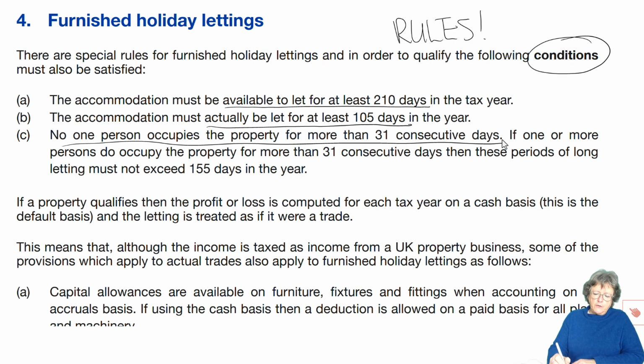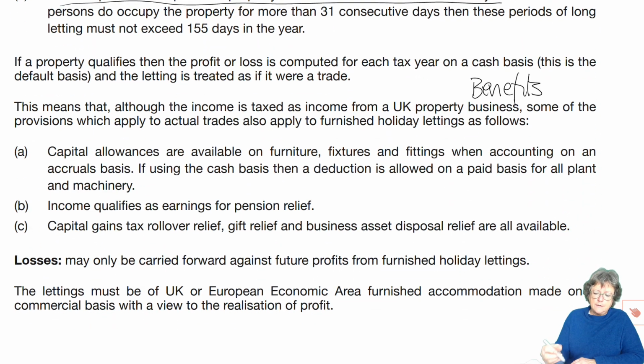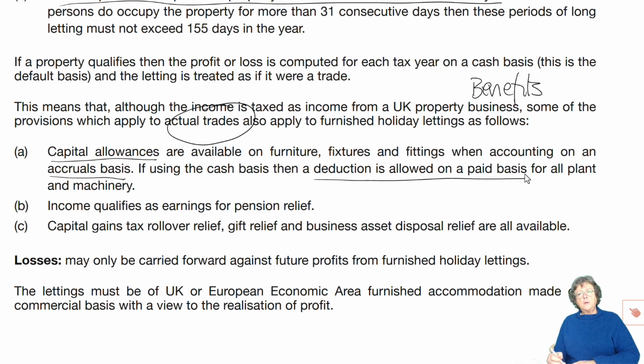Now, there are some benefits if you have one of these, because it's treated as a trade. Okay, it's treated as a trade. So you can have capital allowances if you're doing an accruals basis, and then a deduction for what you pay for. You don't get the replacement relief. So basically, when you furnish it, what you put in, you get relief for straight away.